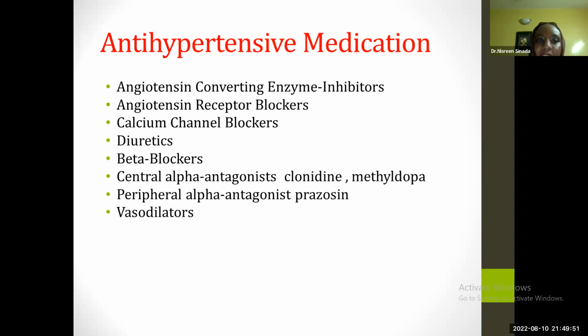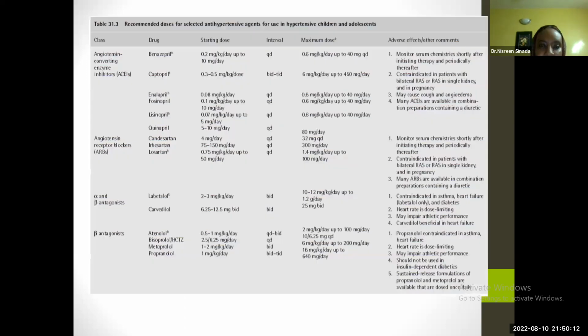Antihypertensive medications: angiotensin converting enzyme inhibitors, angiotensin receptor blockers, calcium channel blockers, diuretics, loop diuretics, thiazide diuretics, and potassium sparing diuretics, beta blockers, central alpha agonists, clonidine and methyldopa, peripheral alpha antagonists, prazosin, and vasodilators. This is the medication with the dose and the maximum dose and the contraindication and the indication. So you should go through all this.